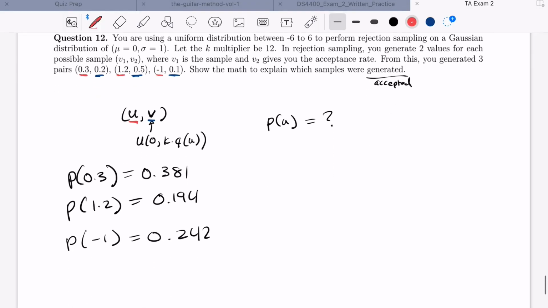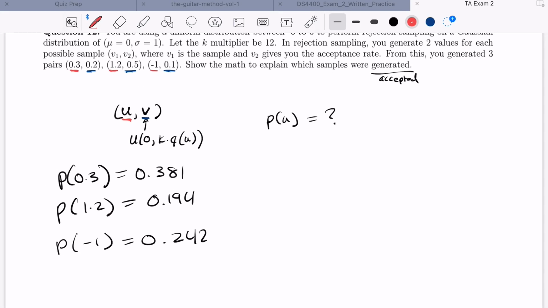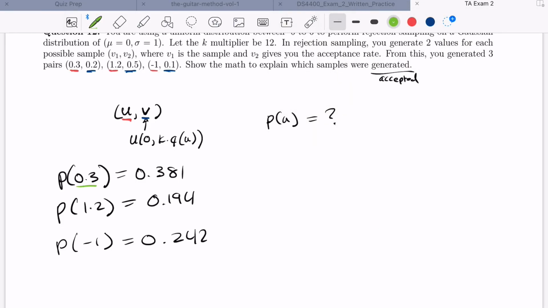So we know P of U. Let's go through each case. Case 1: we generated a sample 0.3, and we now know the probability of that is 0.381.